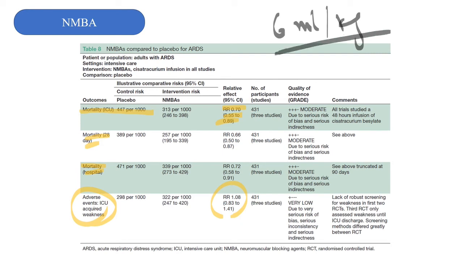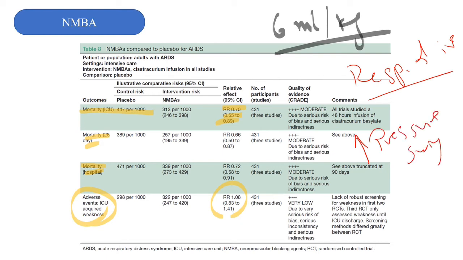Such patients will have a high respiratory drive, and this high respiratory drive will cause increased pressure swings of the lung. The pressure swings of the lung, represented by a large tidal volume, will cause what's called patient self-inflicted lung injury.